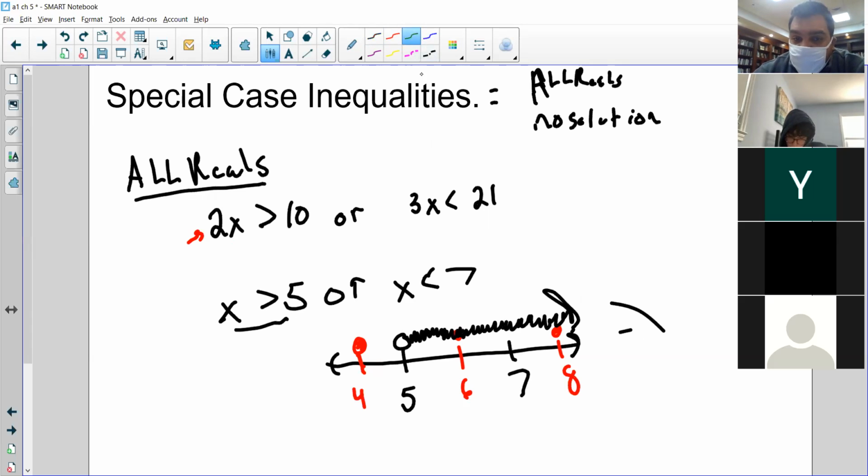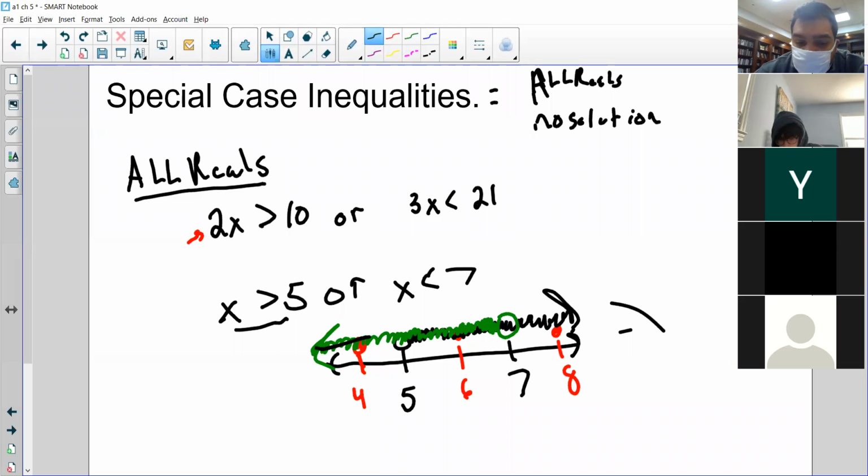But what's also occurring, and I'll do that in green to show separate, at 7, I have answers less than 7. So 6 works, 5 works, 4 works, and so forth.